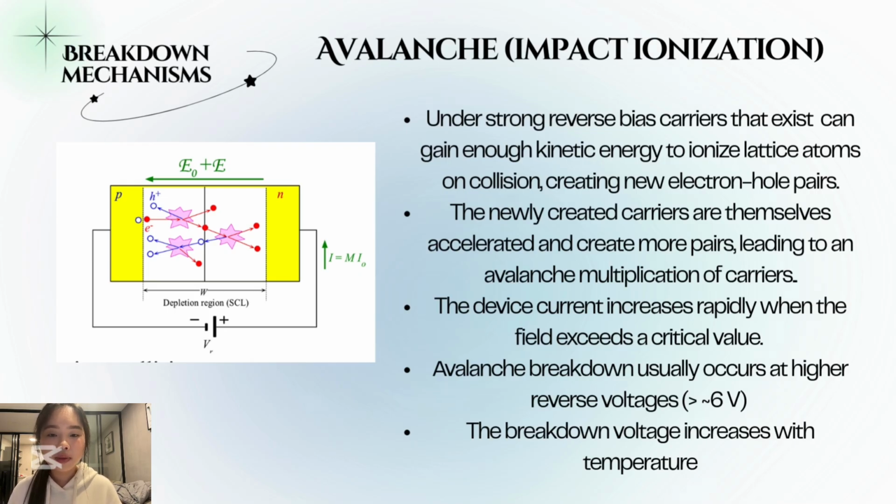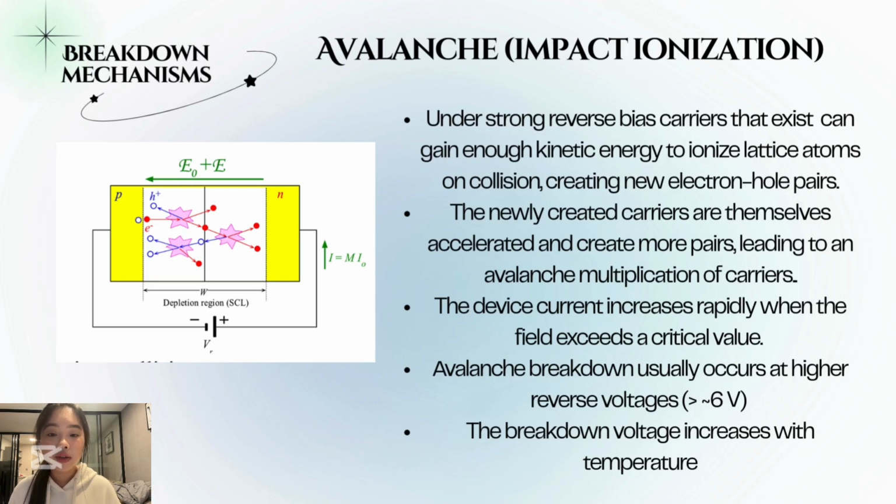In more lightly doped junctions, the space charge layer (SCL) is wider. Under strong reverse bias, carriers that exist, thermally generated or injected, are accelerated across the wide SCL and can gain enough kinetic energy to ionize lattice atoms on collision, creating new electron-hole pairs. This is impact ionization.